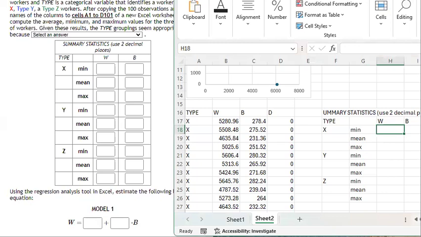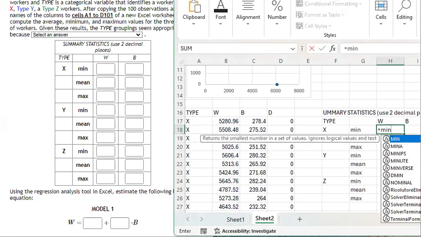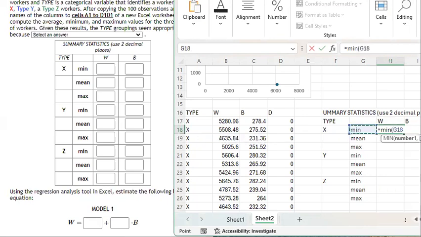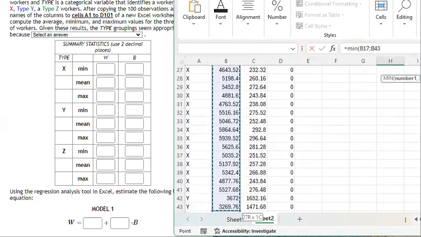We're going to calculate the minimum for the type X employees. So we'll type equal min, and then I'm going to come over here and grab the wage rates from B17 down to the monthly wage rate for the last type X worker. And the last type X worker is right there, right?